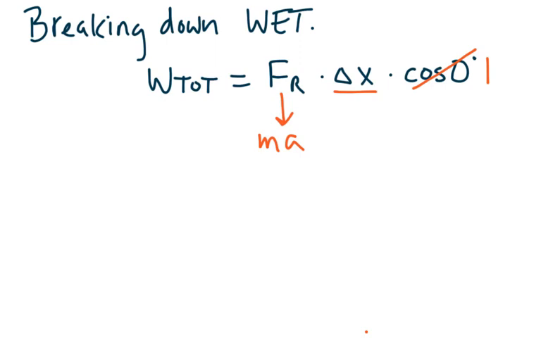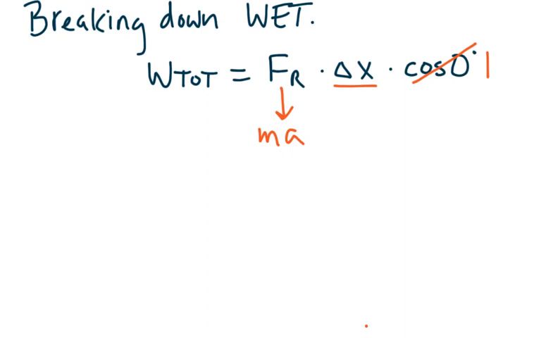So let's change this equation up now. We're now up to work total is going to be equal to the mass of the object times its acceleration times the displacement. And I'm not even going to throw the 1 in there anymore because we know it's there. So we're good so far.